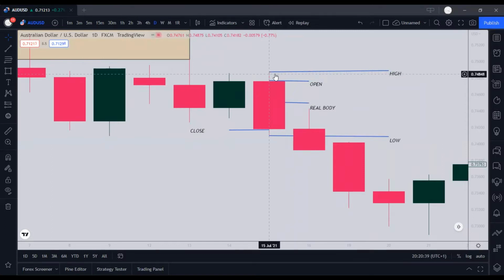Then the sellers came in again. They took it from the buyers. Then they moved price to the open, the original open, and even dragged it downwards. But when they reached the low of it, some buyers also jumped in again and pushed the market a little bit before the time elapsed. So it closed over here, leaving this big body.